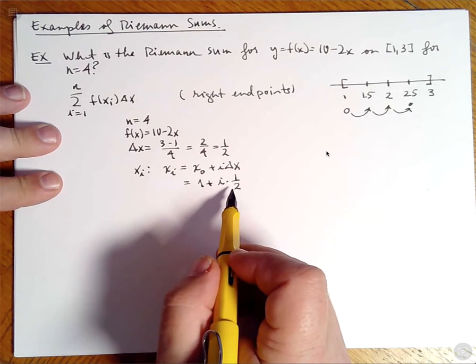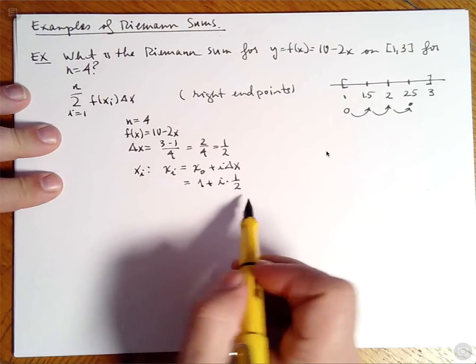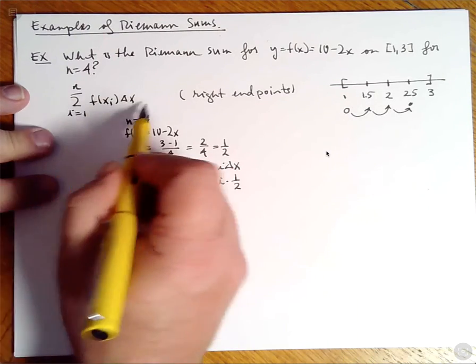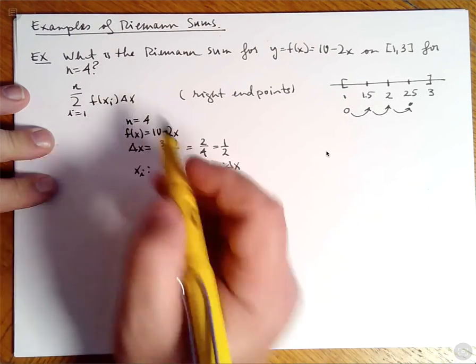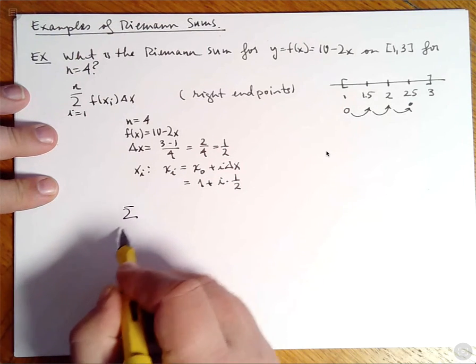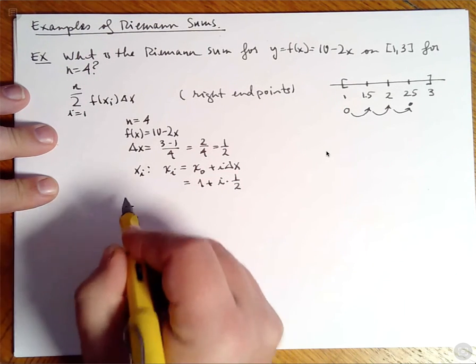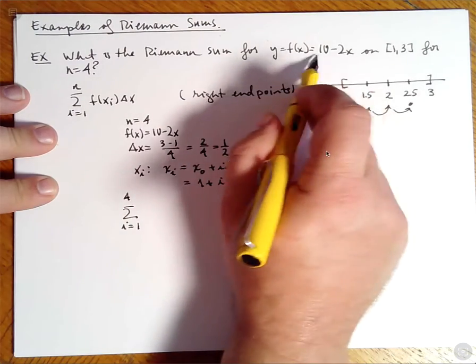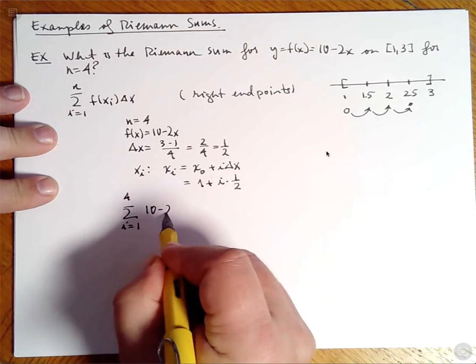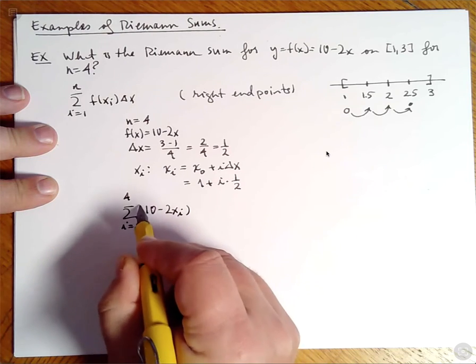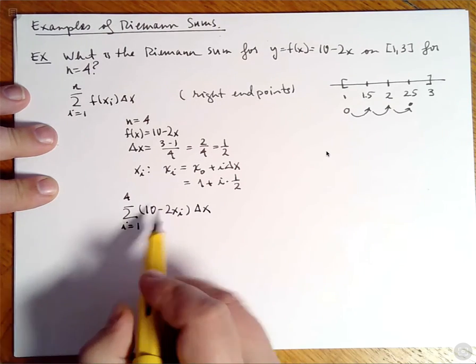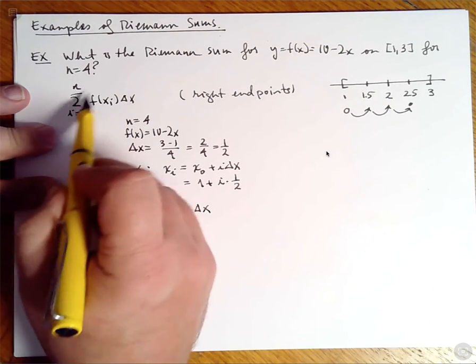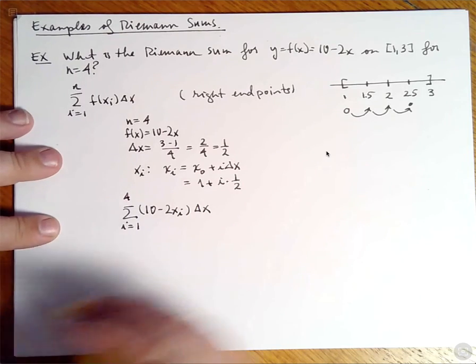With all this information, we can just start filling this in. So our Riemann sum is the sum as i goes from 1 to 4 of f of xi. Let's do that. That's 10 minus 2xi times delta x. And I put parentheses here just to keep the function expression together.